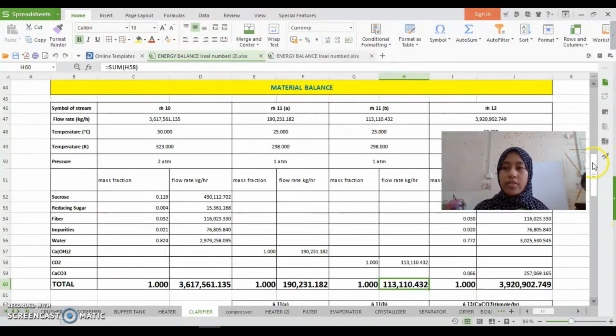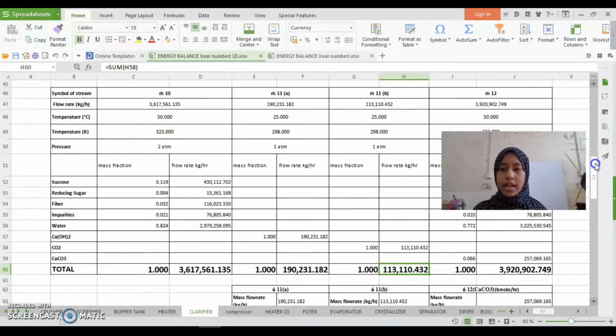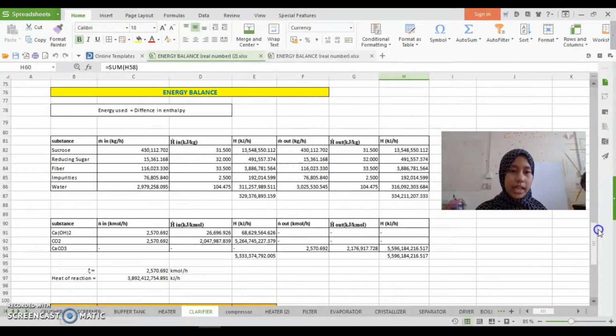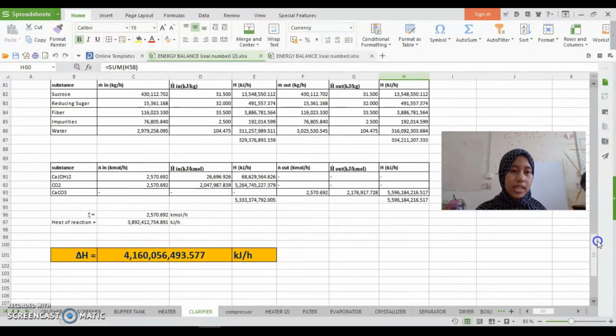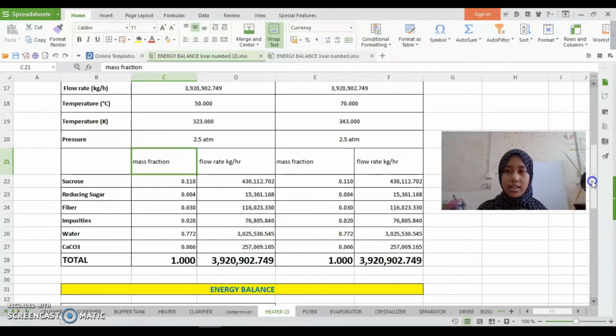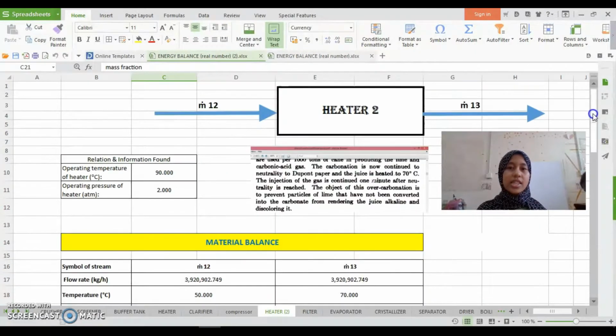The mass flow rate of the sugarcane juice at the outlet of the clarifier is around 3 million 920,000. So the energy balance that we have been calculating in the clarifier is 4,160,000.